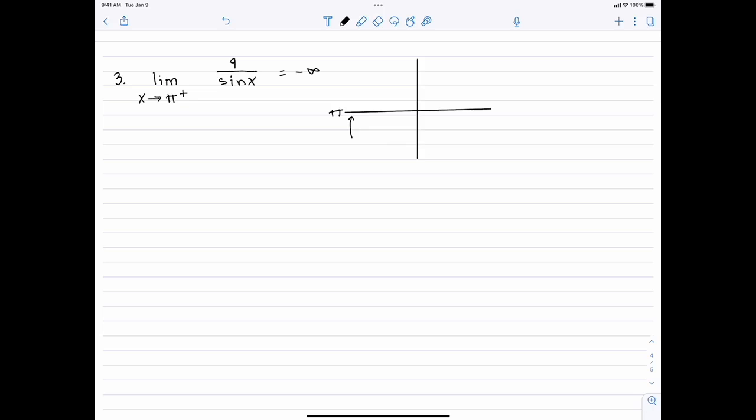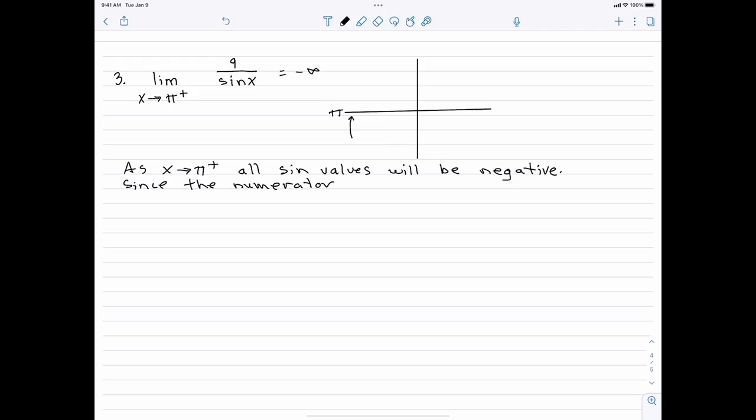Now, I might want to justify this. So again, I didn't make a table, I didn't make a graph, so I might say, as x approaches pi from the right, all sine values will be negative, since the numerator is a constant and always positive.